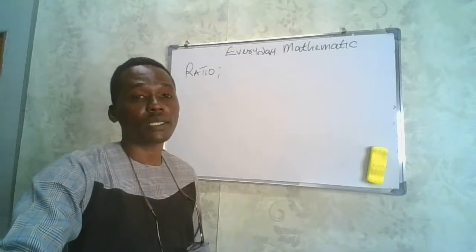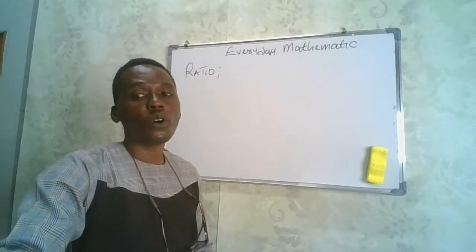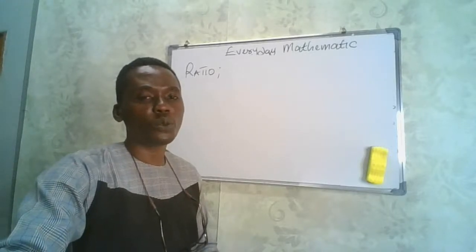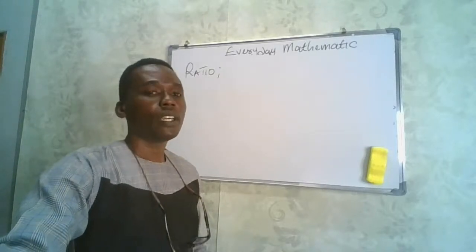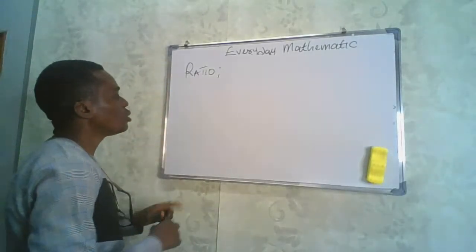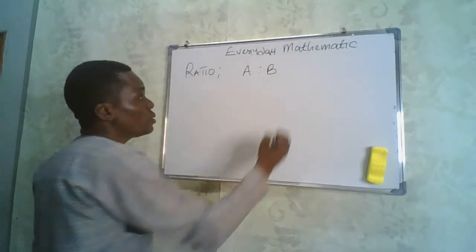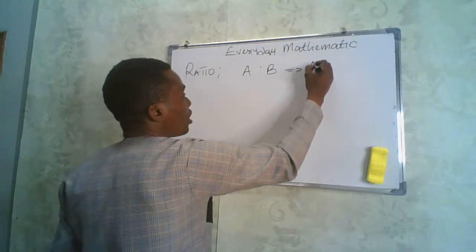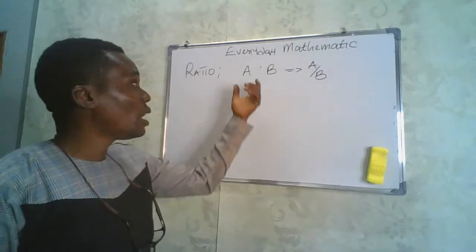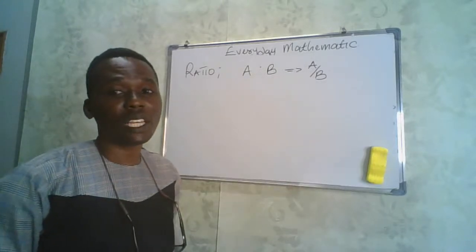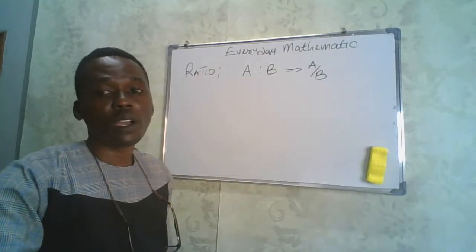Now, take note that ratio and rate have no unit. So all we need to do is, when we compare two values, let's take for example that we are comparing value A and value B, we have A ratio B. And this is similar to having A divided by B. Don't get confused, because A ratio B is the same thing as A divided by B, because you are comparing those two variables.